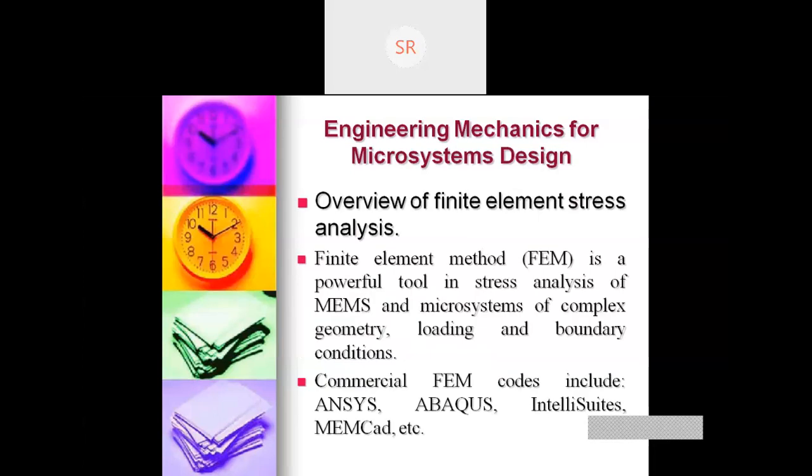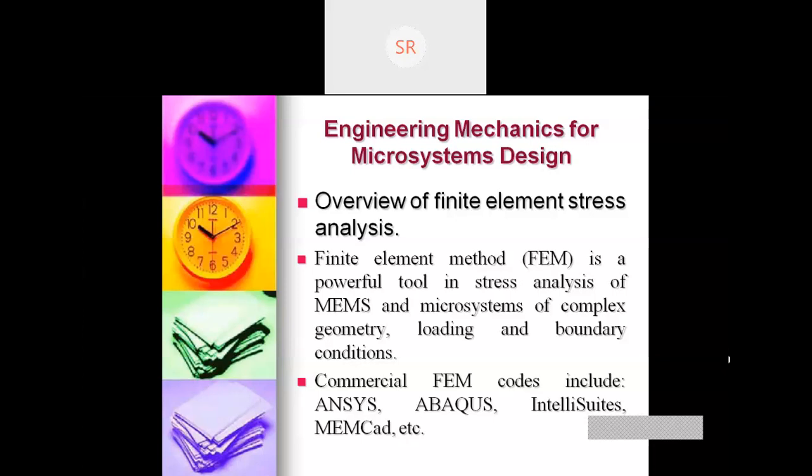And the last part of the third module is the overview of finite element stress analysis. Why this is very important is that almost all MEMS and microsystems involve complex three-dimensional geometry.